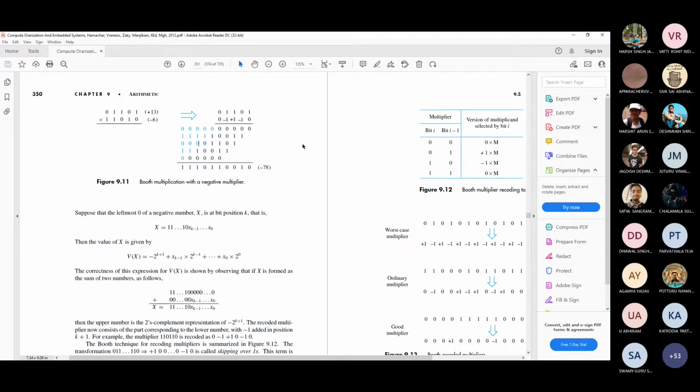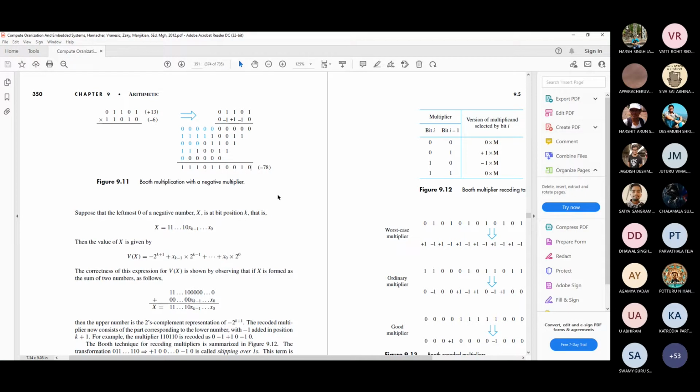That's it. And that ensures that the result you get is the correct result. If you take the 2's complement of the number, you get the correct result. Because if the sign bit is 1, you know that in 2's complement representation it's a negative number. Okay, so minus 78 in 2's complement representation becomes this.